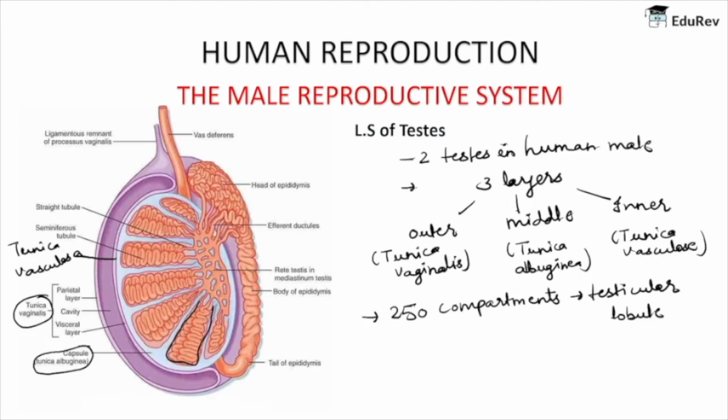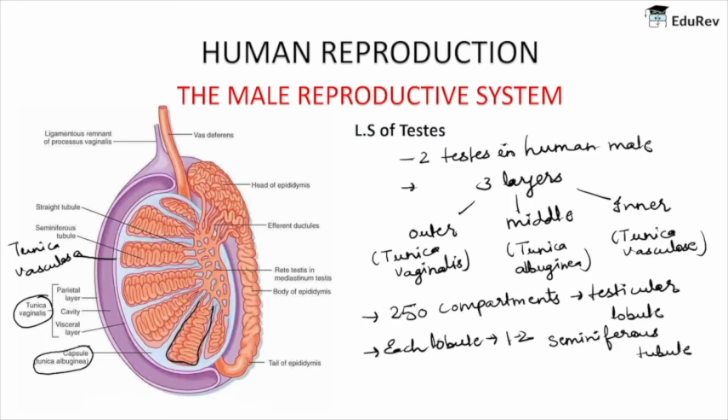Each lobule has around 1 to 2 highly coiled seminiferous tubules.